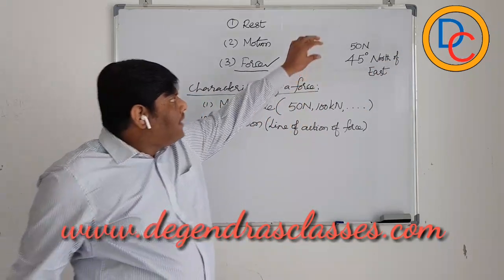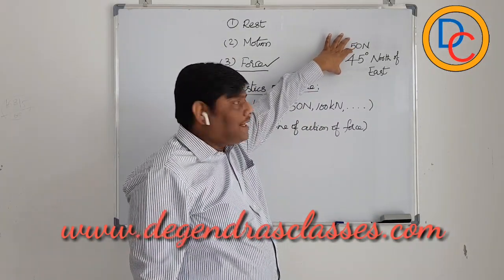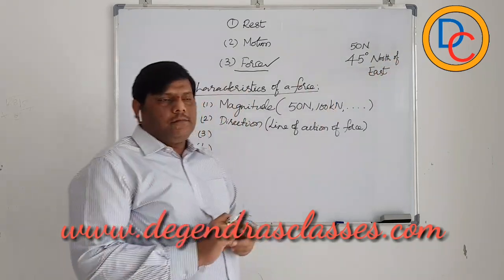That means the magnitude is given as 50 Newton and the direction is given as 45 degrees north of east.